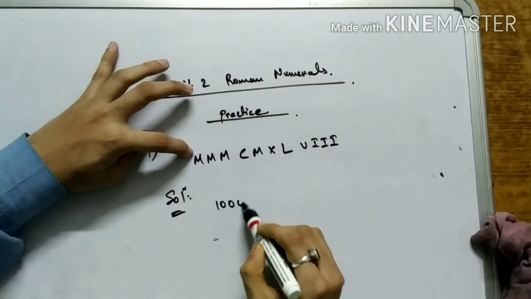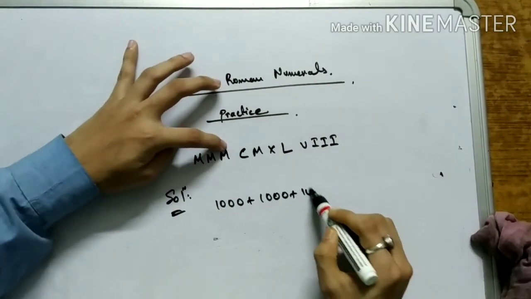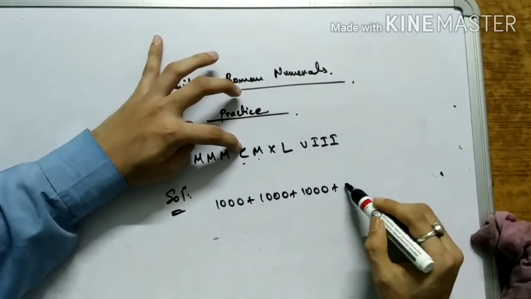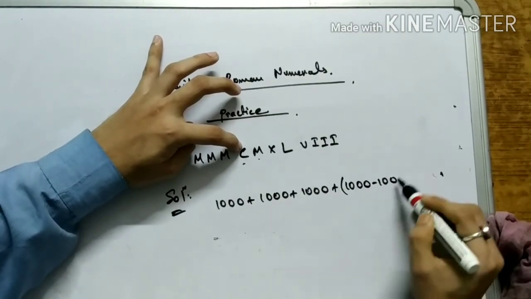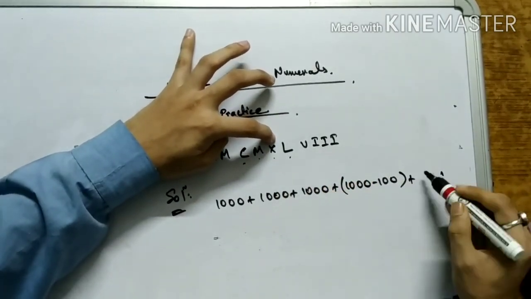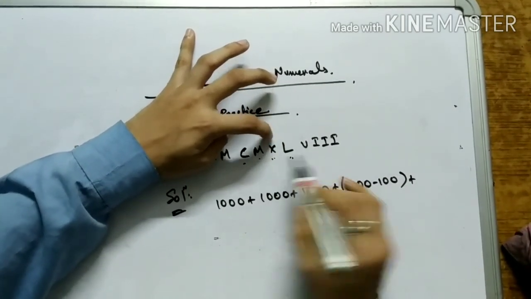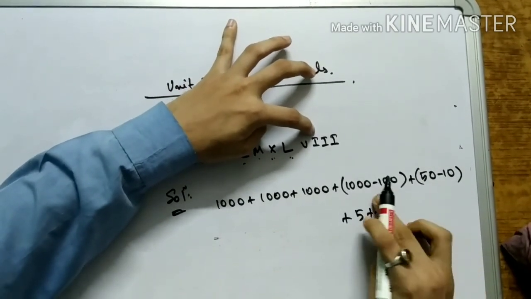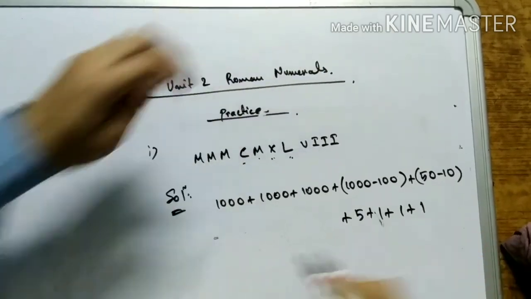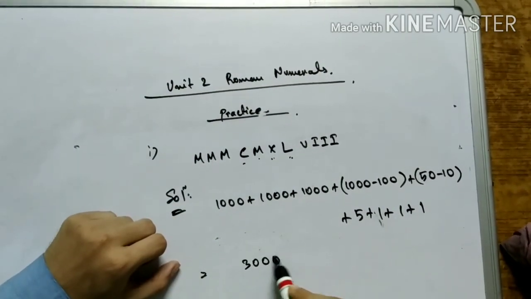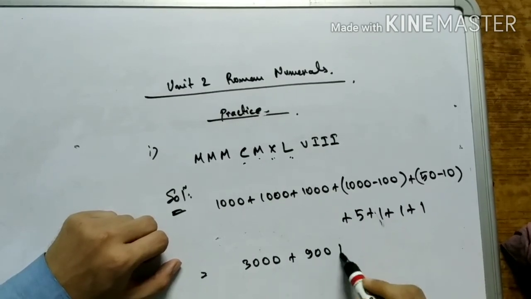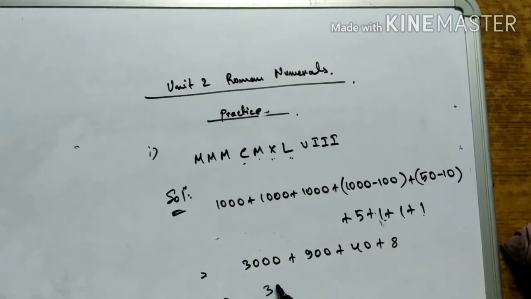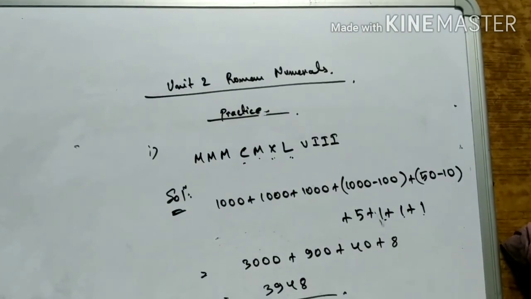M means 1000, so 1000 plus 1000 plus 1000, plus CM, a smaller letter in front of a bigger letter, so I will do 1000 minus 100, and plus XL, a smaller letter in front of a bigger, subtract 50 minus 10, plus this is 5 plus 1. So it will become 3000 plus 900 plus 40 plus 6. So it will become 3946. This is my answer.